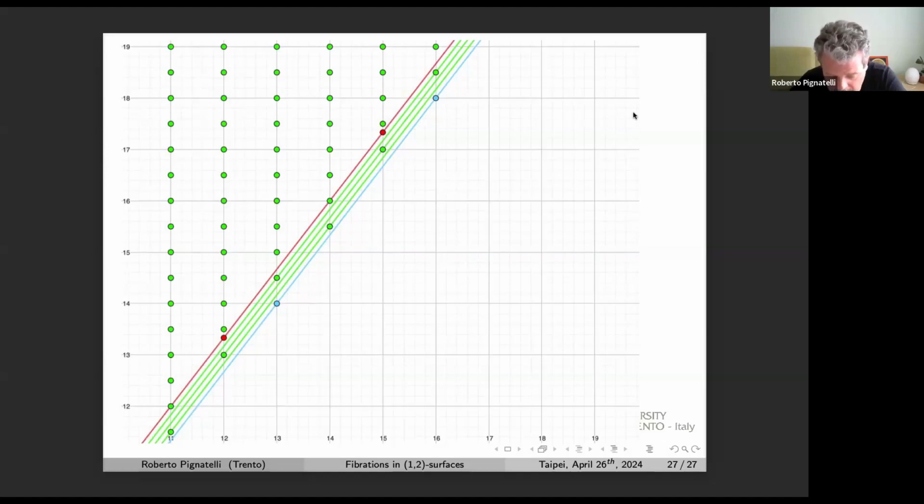This is proved by Franciosi, Pardini. If you remove stable, I don't know. If you remove Gorenstein, no. In fact, this example here is the first.